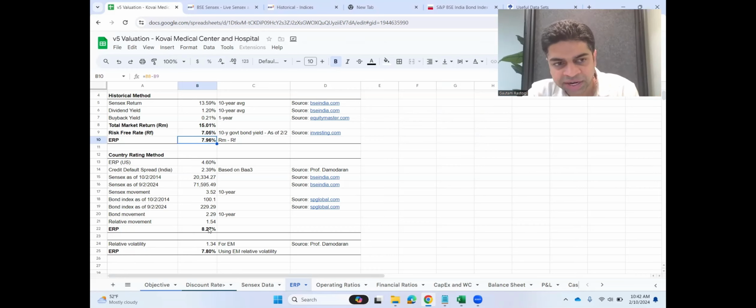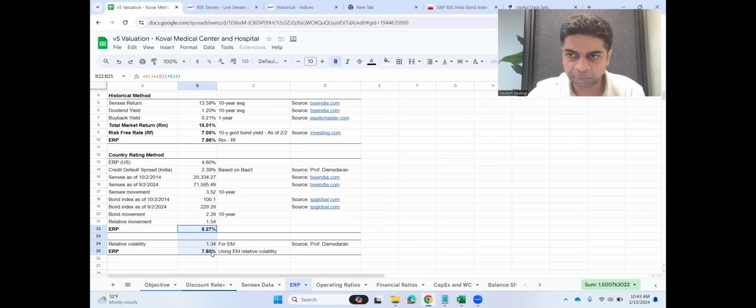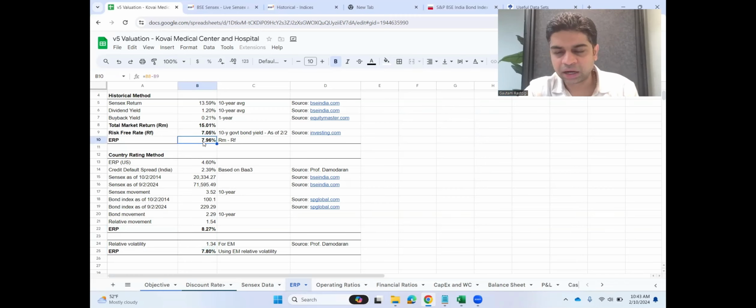In fact, the credit rating method is also historical, not forward-looking. There is a forward-looking method as well, but let's discuss it later. For our intents and purposes, we'll use this equity risk premium for now. But I'm hoping you understood the country rating method of equity risk premium derivation as well.